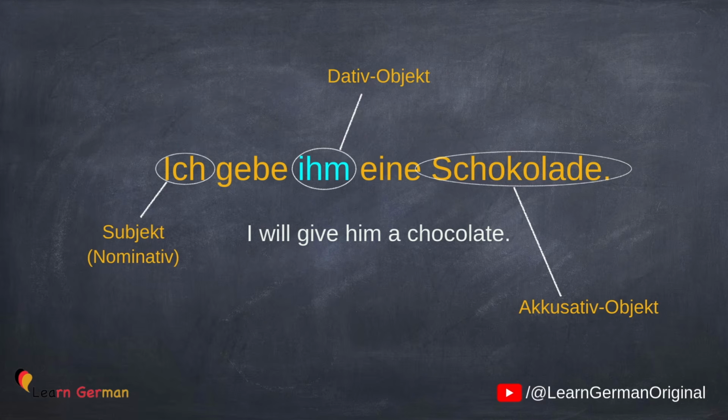Eine Schokolade is the accusative object, that is the direct object. The indirect object is ihm, and that's the dative object. Since the personal pronoun for Michael is er in this case, we need a dative personal pronoun for er, which is ihm. Hence we use ihm in the sentence.